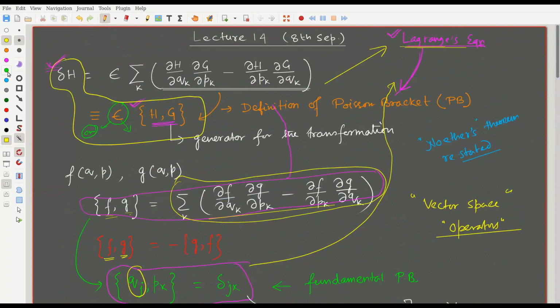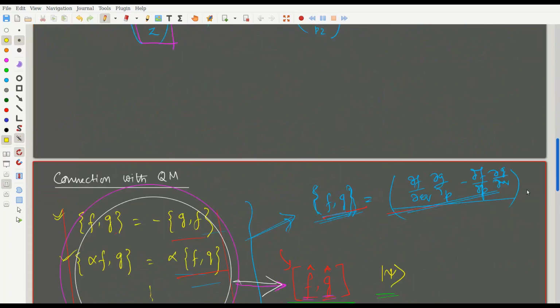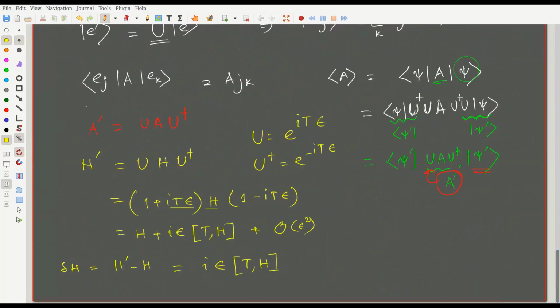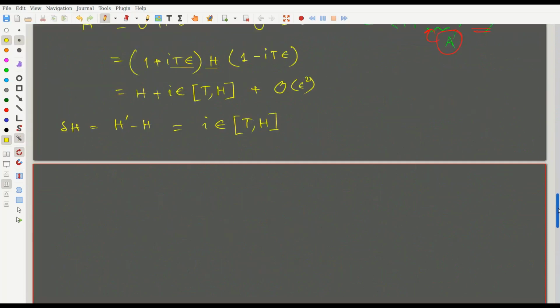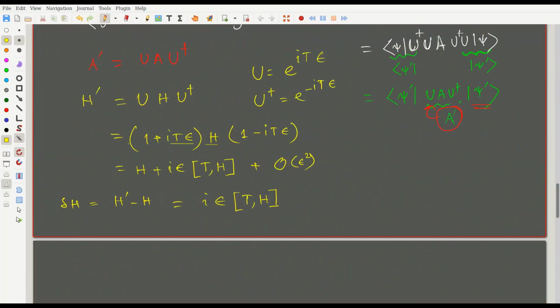Once you learn that this is the same relation, then if T is the generator of a symmetry transformation, then delta H equals 0, and that means T commutator H equals 0, which according to the Heisenberg equation of motion means T is a conserved quantity, and so on and so forth.